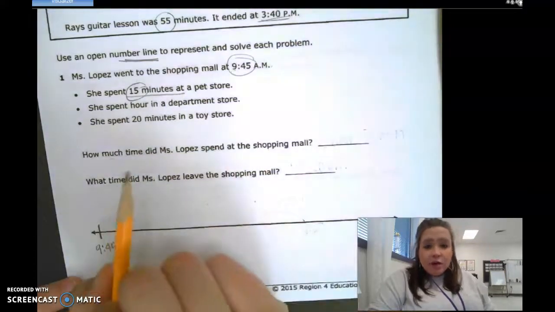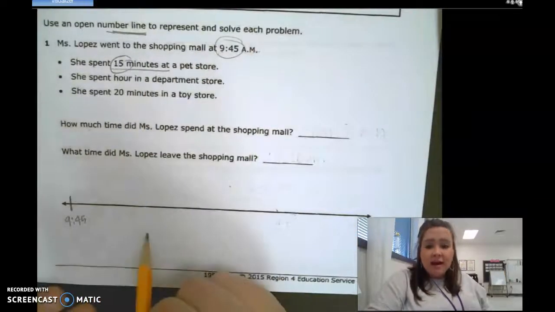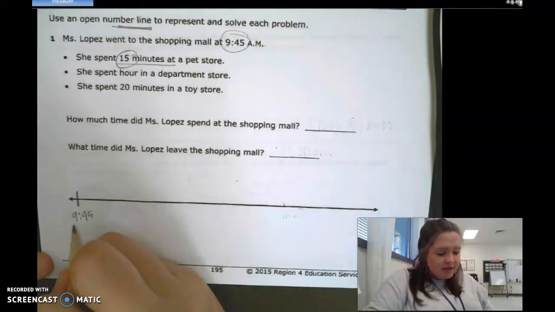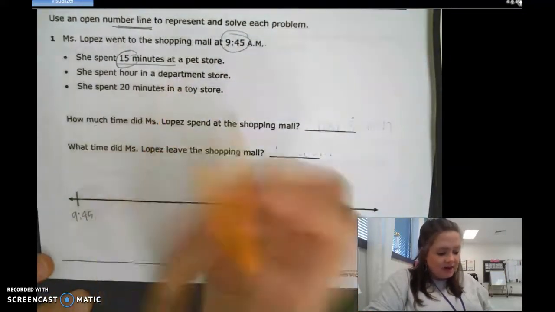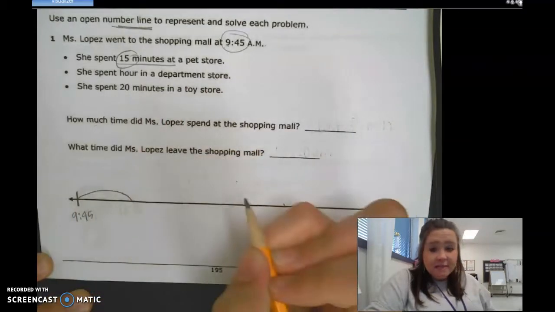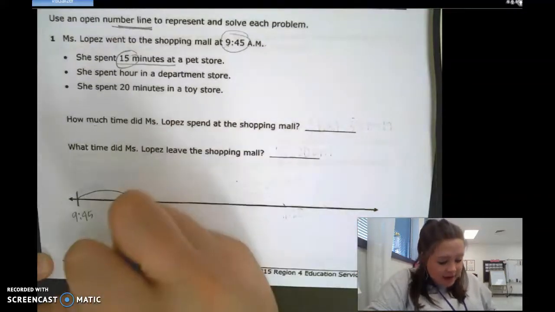And I'm not going to use my clock right now. I'm going to use my number line, and then I'm going to use my clock to check my work, okay? So she spent 15 minutes at a pet store. Well, I know that 15 minutes from 9:45 is going to be 10 o'clock.